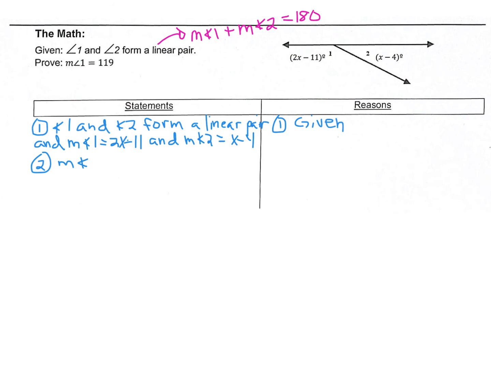Then we'll sub in what we know the measure of angle 1 is and what the measure of angle 2 is. And remember I'm specifically using the measure of angle 1 because that's in my proof statement. And our reason for that is definition of a linear pair.